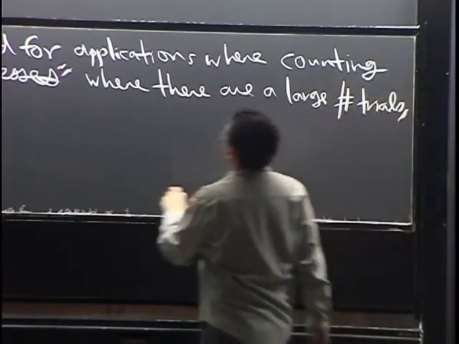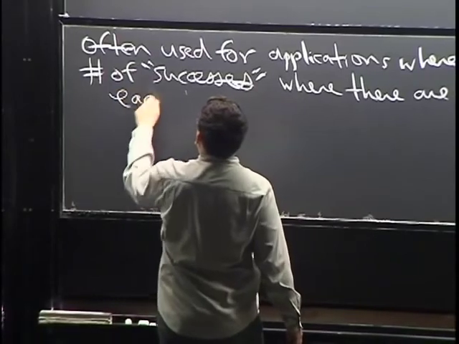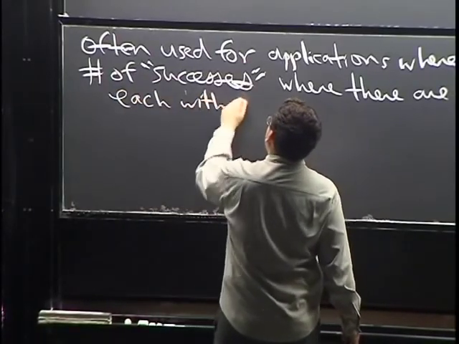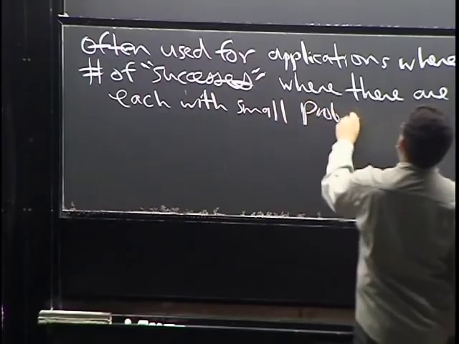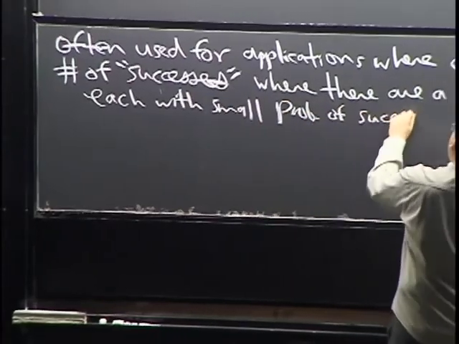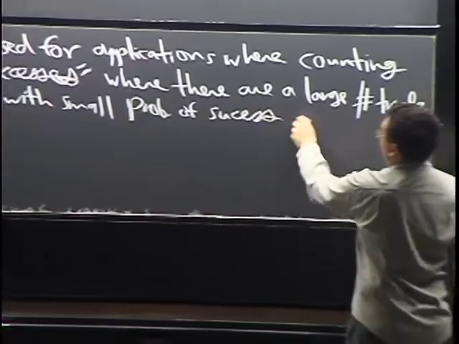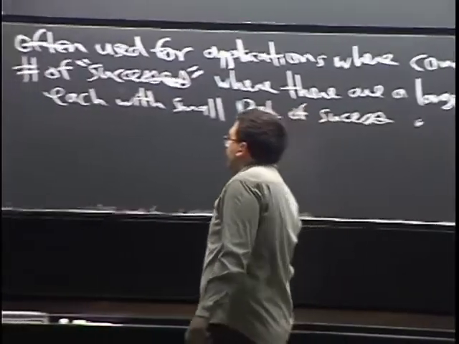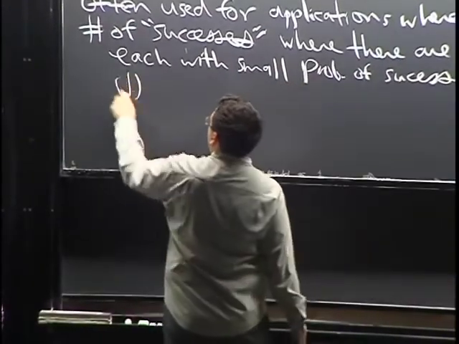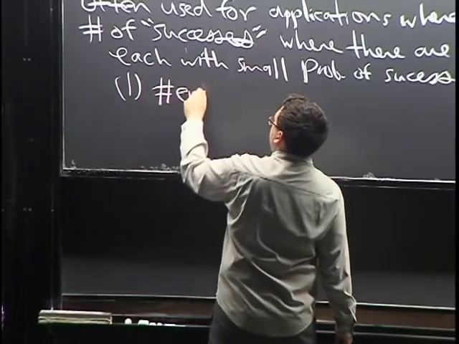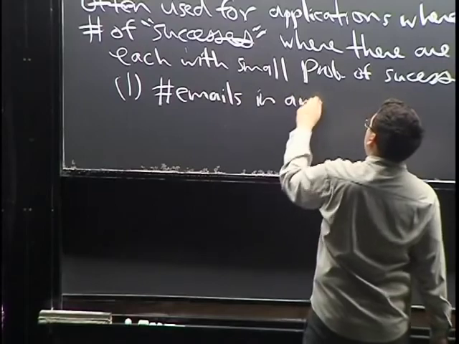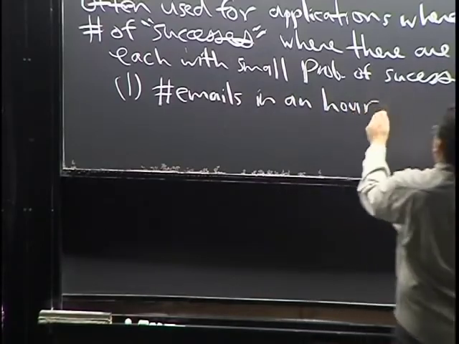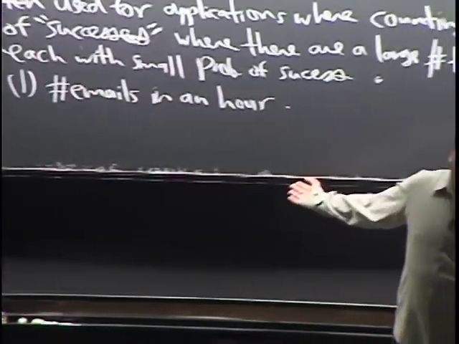And each one with a small probability of success. So some examples would be like the number of emails that you get in an hour. Now, I'm not claiming this is exactly Poisson.